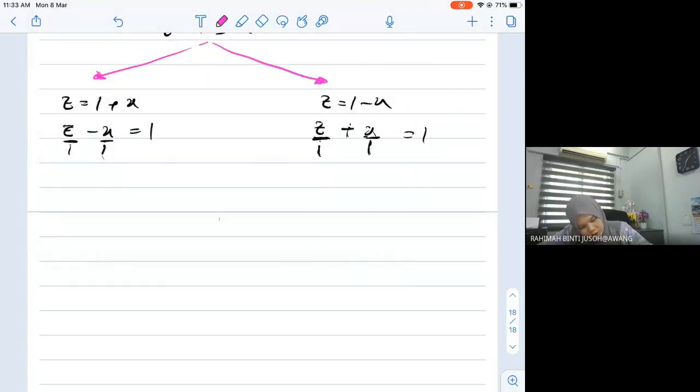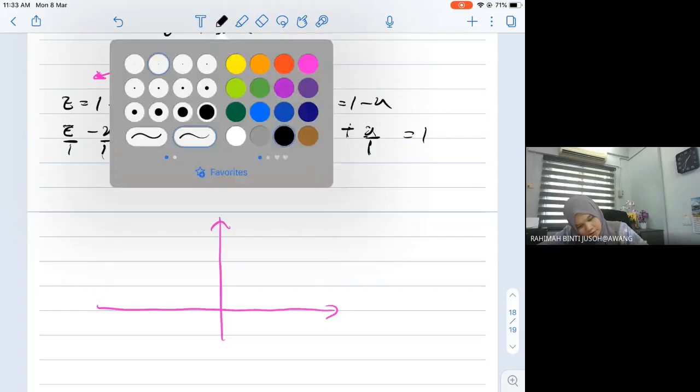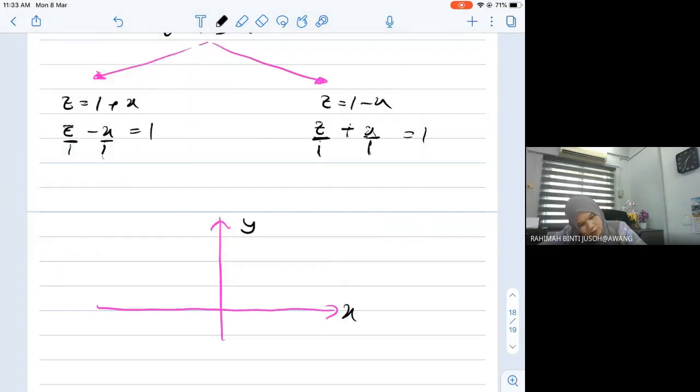Okay, so if you plot it, guys, plot into 3D, what shape will you get? X and Z, right? So x equals negative 1, z equals 1, this is the first line.